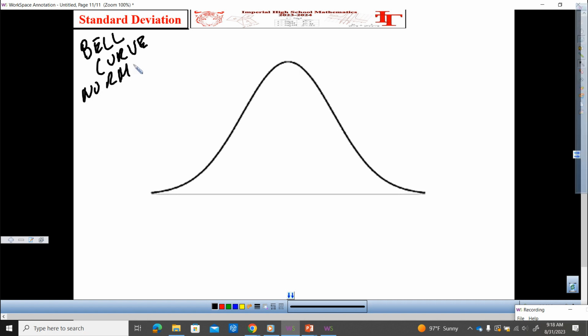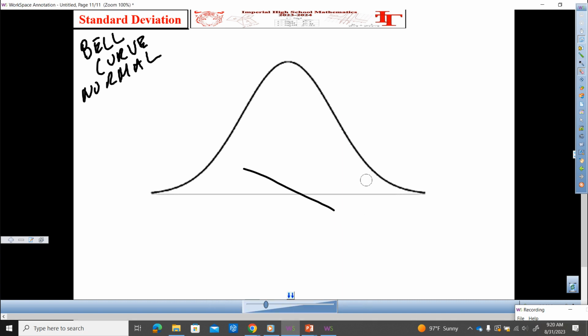And this is what we call a normal bell curve.